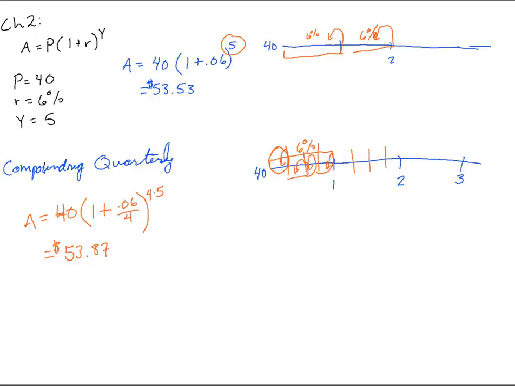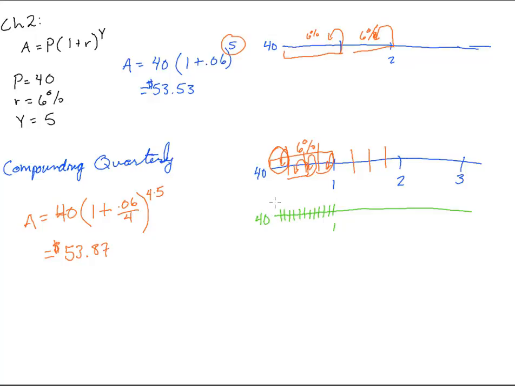Now if we were to do it 12 times, that's going to be really hard to draw, but I'll give it just a shot on this first one. In this first year, we're going to break it up into 1, 2, 3, 4, 5, 6, 7, 8, 9, 10, 11, 12 different times. We're going to start with $40.